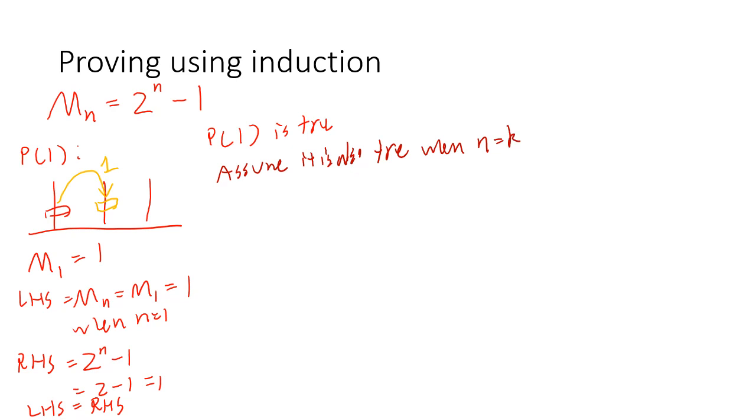When there are k disks, we assume it is also doable, where k is obviously a natural number. As it is used to count the number of disks, it has to be a natural number. Now we just have to use this fact to prove that the case is true when n equals k plus 1.